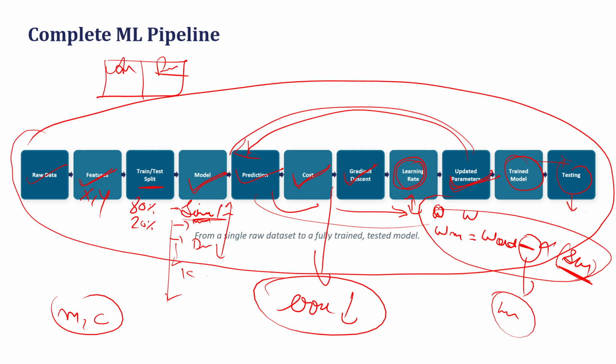In the next few lectures I will go in depth into each specific concept. For example, for features we will discuss feature engineering basics. In the training data itself we have one train set and one validation set, we split the training data into two parts, and we will discuss that.